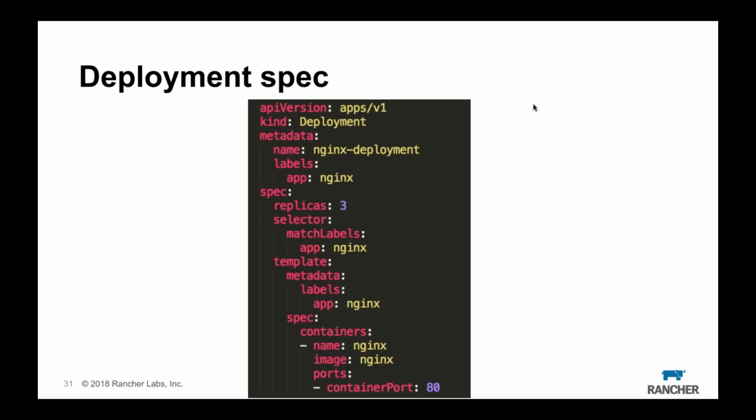This is just a sample deployment spec. Again, it has the same fields such as API version, kind, metadata, and so on. Now, in the deployment spec, you can see that I have mentioned that replicas is 3, which means I want 3 pod replicas running at any instance.